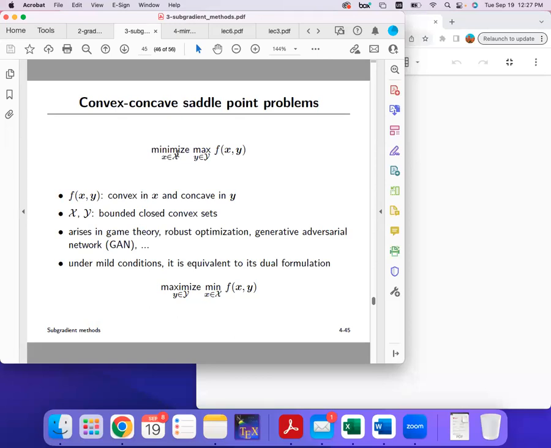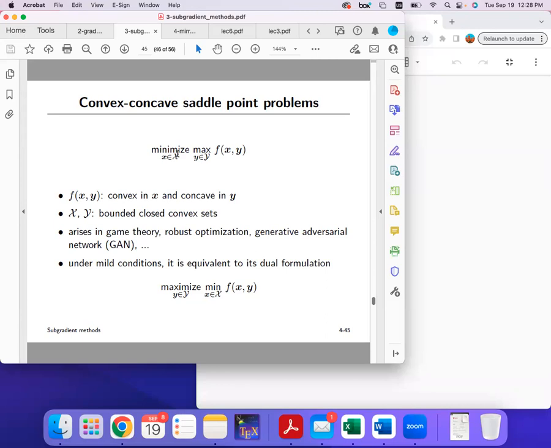So this is the model that people use to model general games, where two agents are competing with each other. One wants to maximize the profit, the other wants to minimize the cost. The profit of one side could be the cost of the other side, and they are competing through this minimax game.